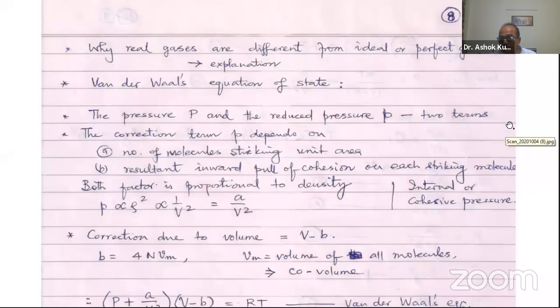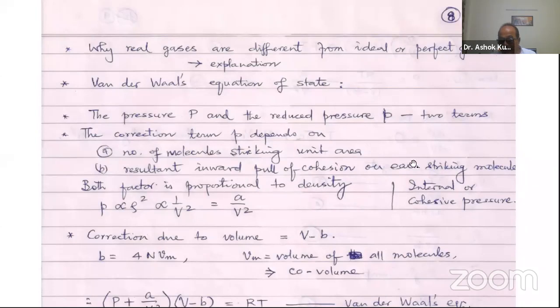We assumed that each molecule imparts momentum equal to 2mv. And the total number of such molecules we also calculated, then we multiplied. But those molecules which are at the boundary would have given more pressure, or force, in other words, if they had not been pulled by the neighbouring molecules from the left-hand side.